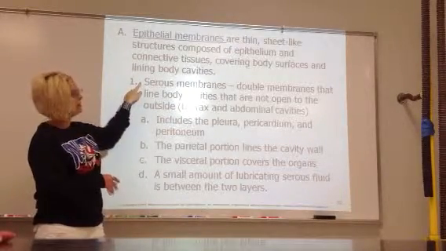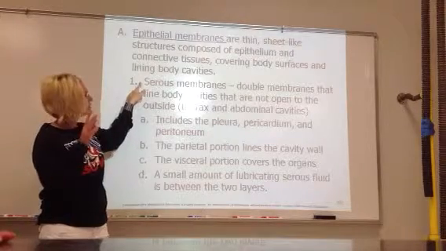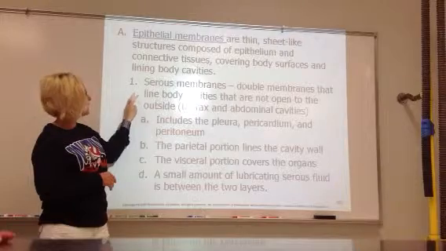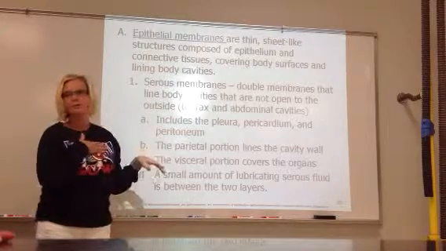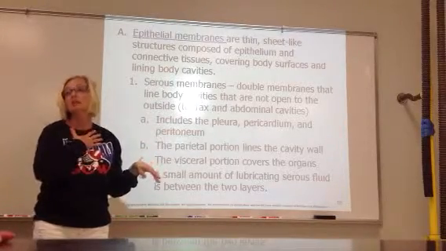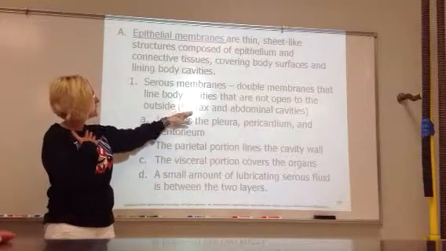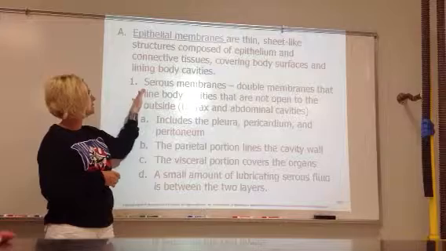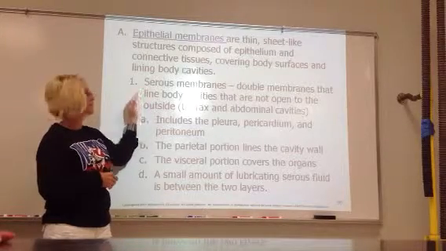Serous membranes are double membranes, so there are two layers, and they line body cavities that are not open to the outside. So thorax, chest cavities, abdominal cavities, most of those are going to be serous membranes.